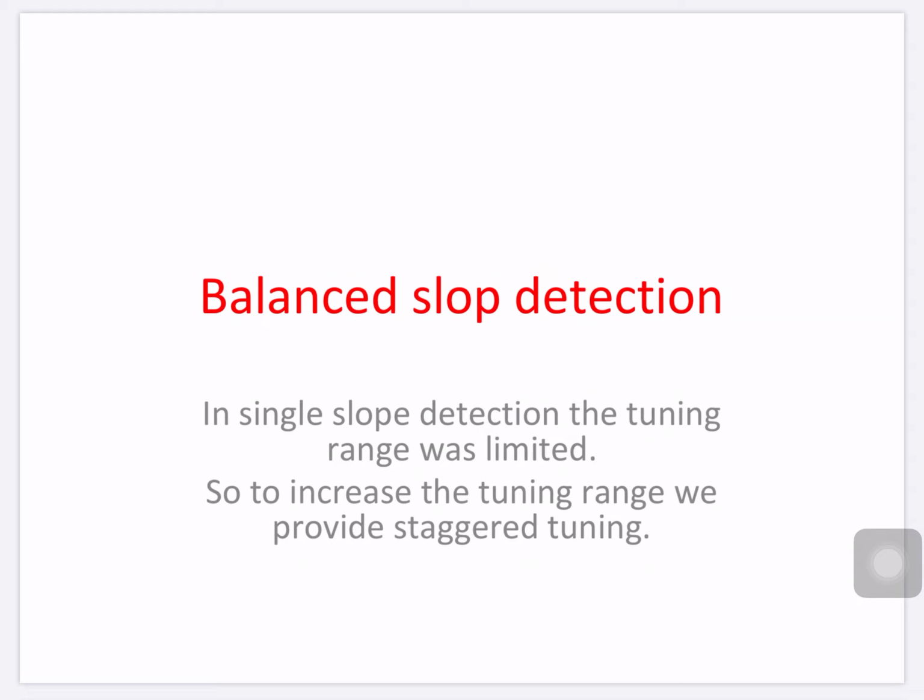In single slope detection, the tuning range was limited. So to increase the tuning range, we have provided another technique, balanced slope detection, in which staggered tuning is used, and we will see this technique in the next lectures.